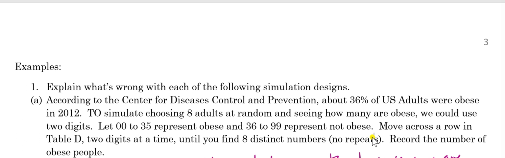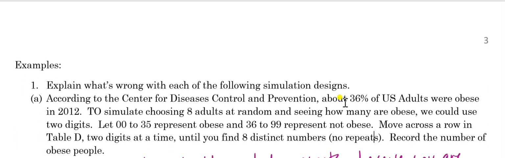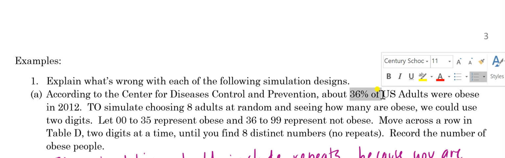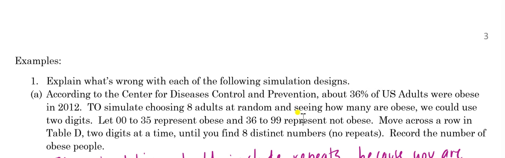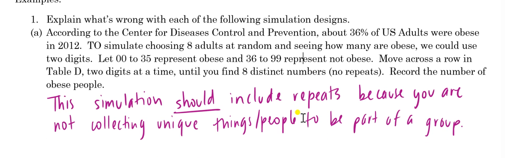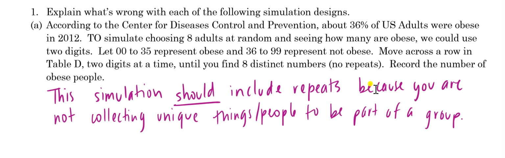So if I have 100 people and I'm picking a group of 8 from that 100 people, then you do want to make sure there's no repeats. But in this case, they just gave you a blanketed percent. That's your issue. So all you would really have to say for this is this simulation should include repeats because you're not collecting a unique group of things or people. You're just using the percentage. You're just estimating a percentage.